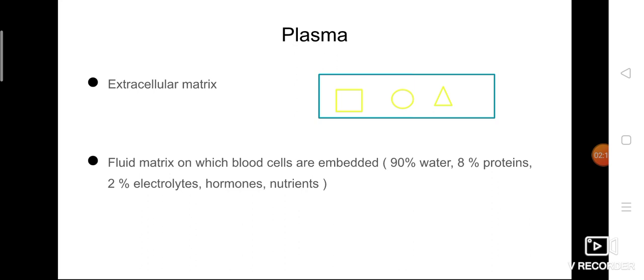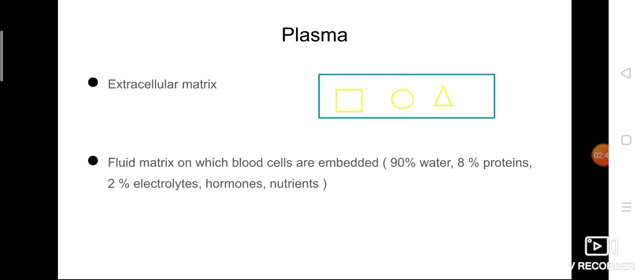Inside the room, a square table is there, a circle chair is there, and a triangle, one more chair is there. Imagine like that. So what are the things which are present inside this room? You can say square table, circle chair, and triangle chair. Only these things. What about the remaining empty places? That is occupied by the air, isn't it?